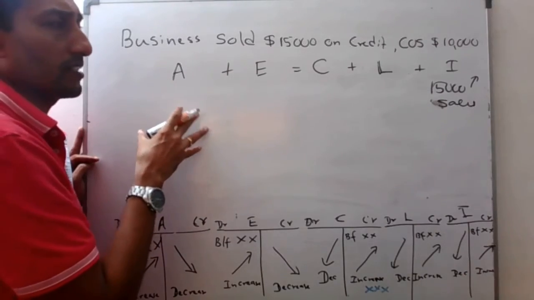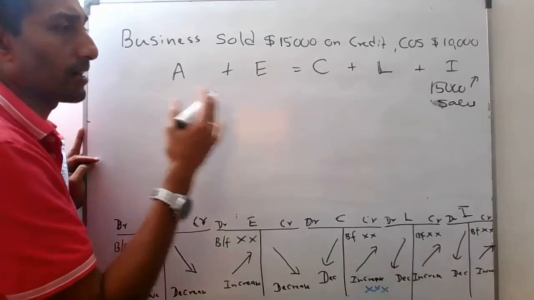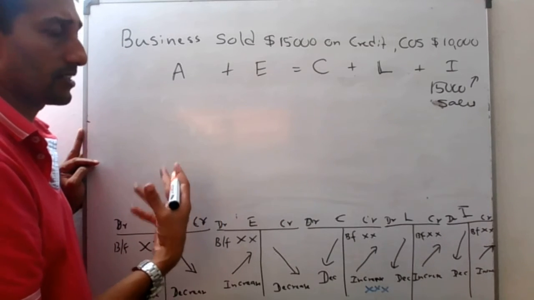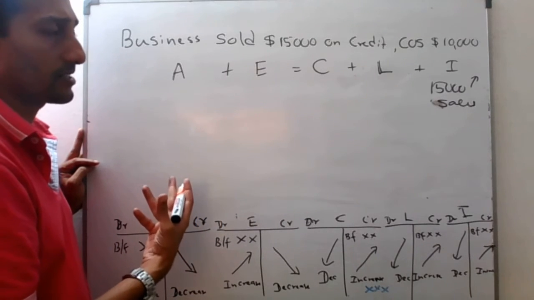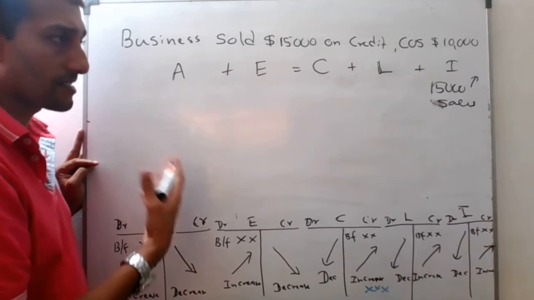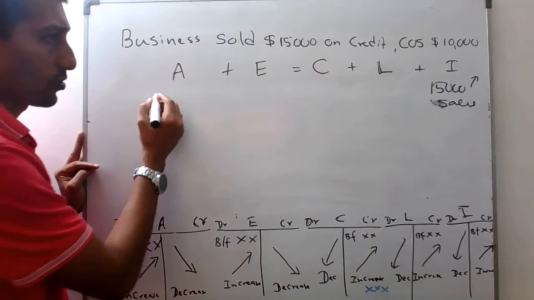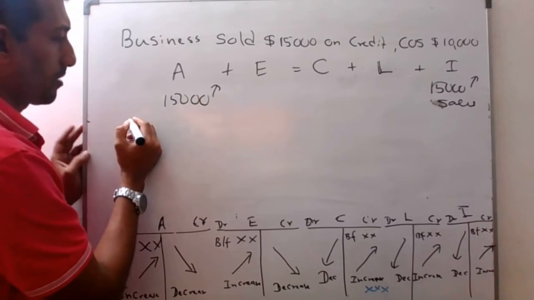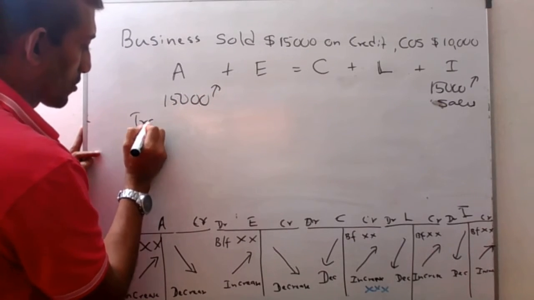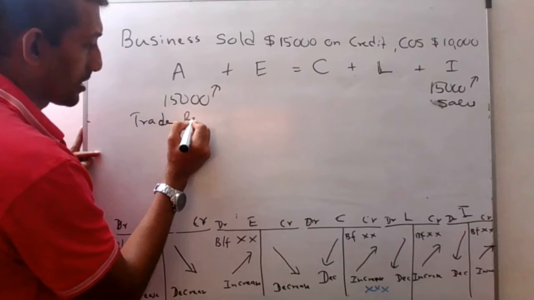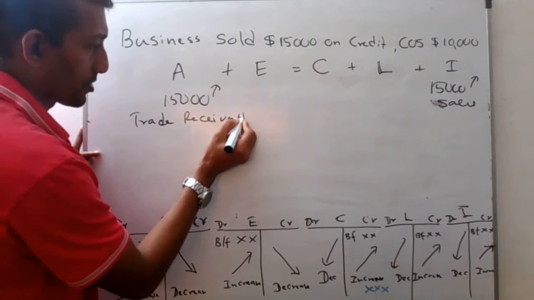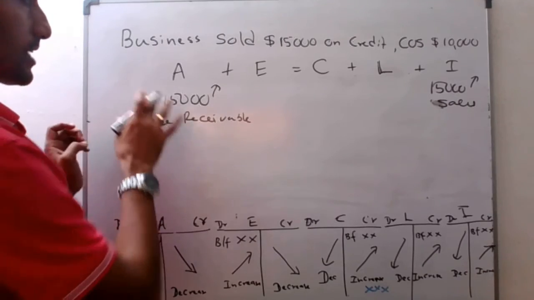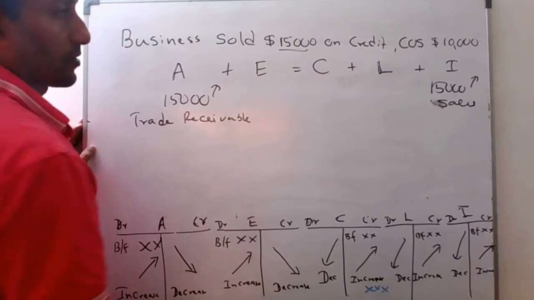Even though we don't receive cash, we are going to receive money in the future. So we give a special asset name for such credit sales, trade receivables. So it's an asset. So assets of 15,000 increases, but it's not cash, it's trade receivable because we are going to receive in the future and we treat it as an asset. So that's the first entry for the 15,000.